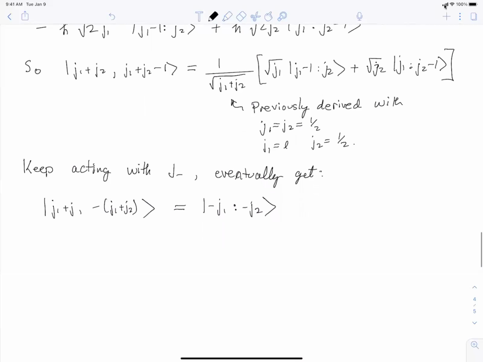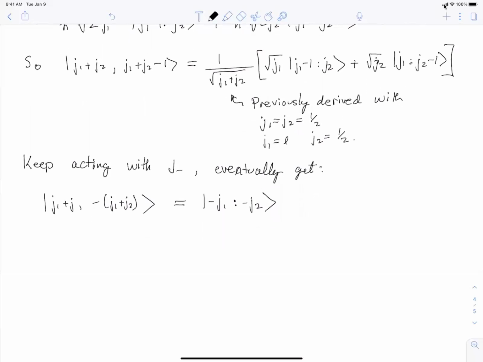The reason it has to equal that is that's the unique state that has the lowest possible value of J sub z. You get it when you line up the two angular momenta to be as much as possible in the negative z direction. And so that's why there's only one of them.